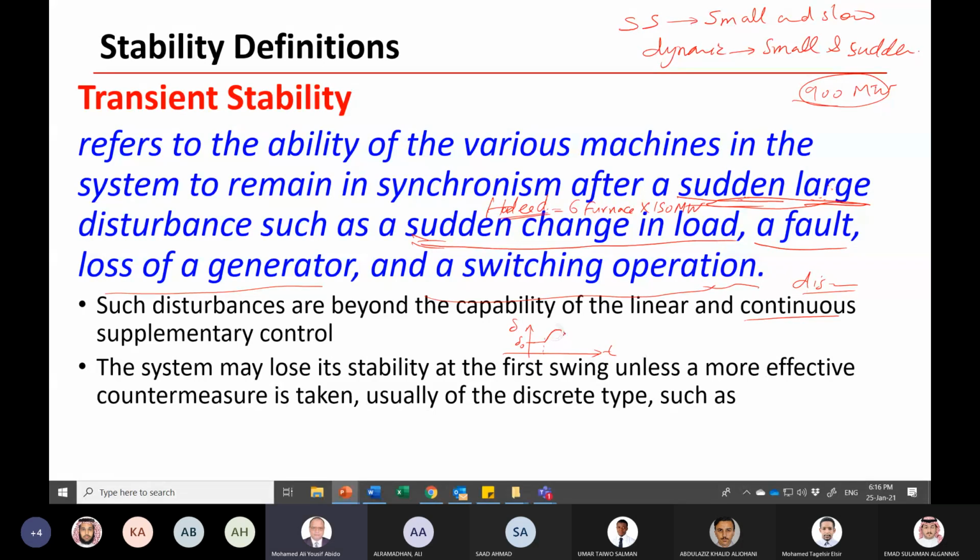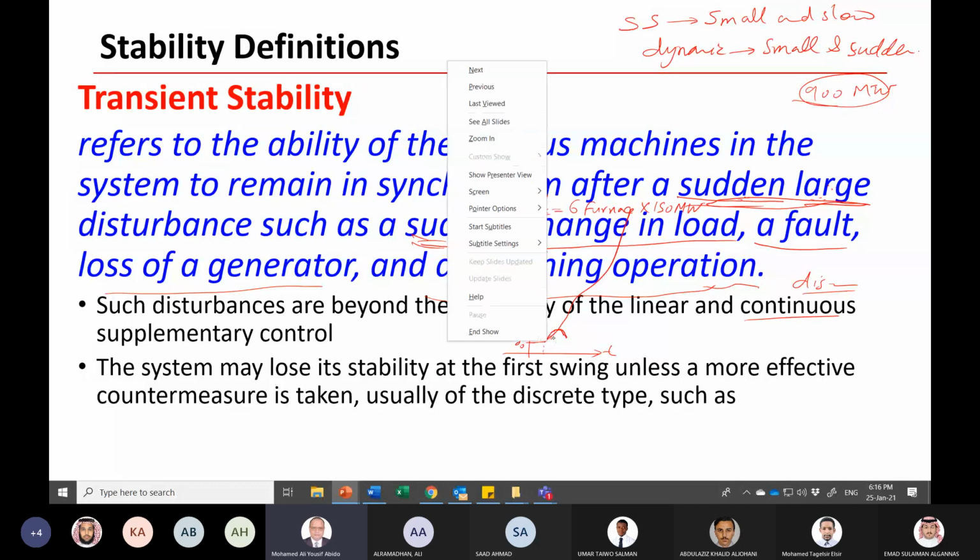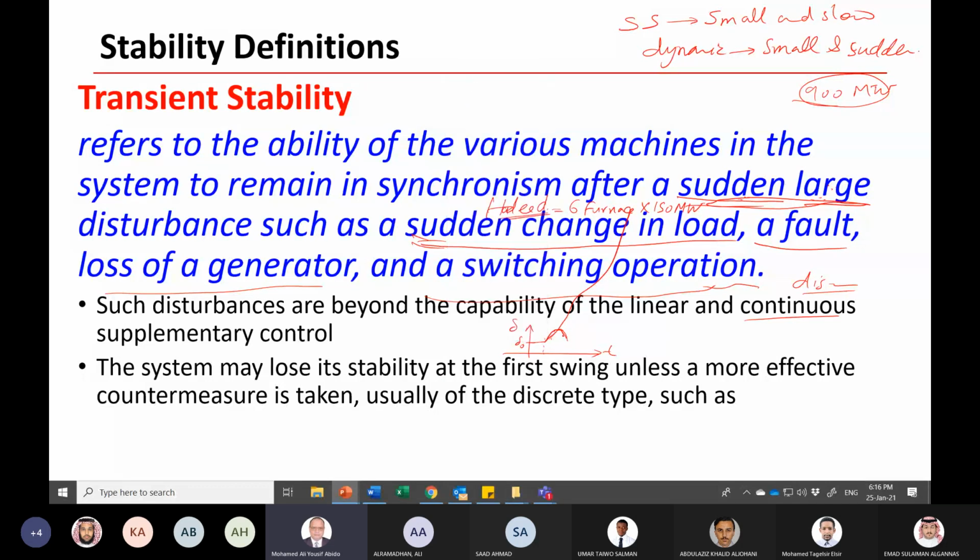If the angle comes back, we can say the system is stable in the first swing. If the system is unstable, then the angle will increase continuously. But if the angle comes back, we have hope; some controls, some actions can improve the situation.